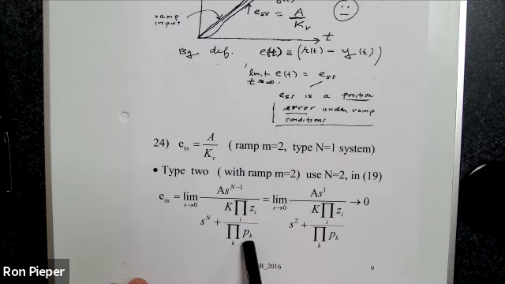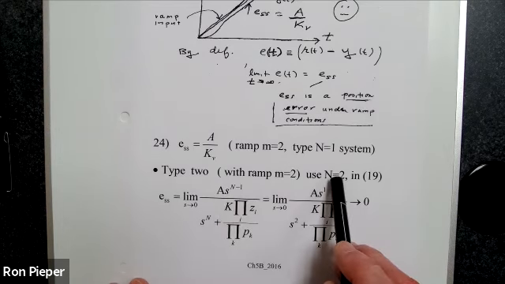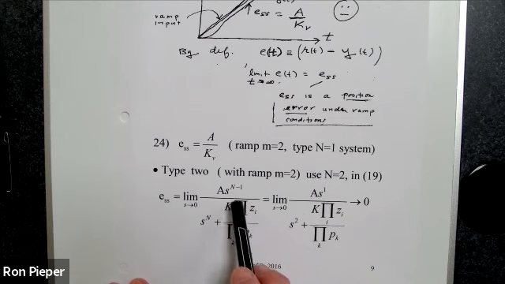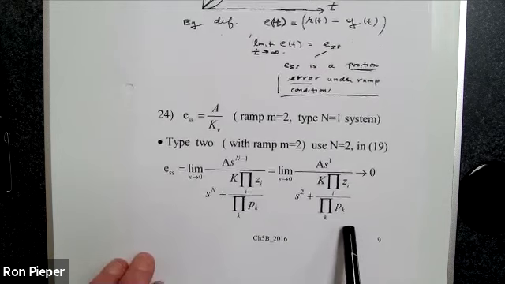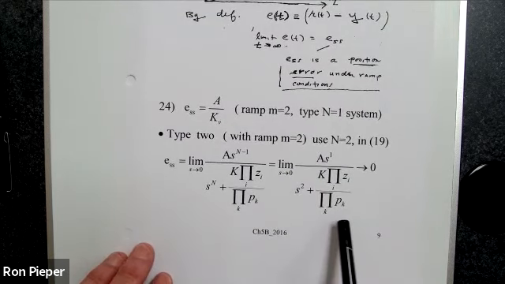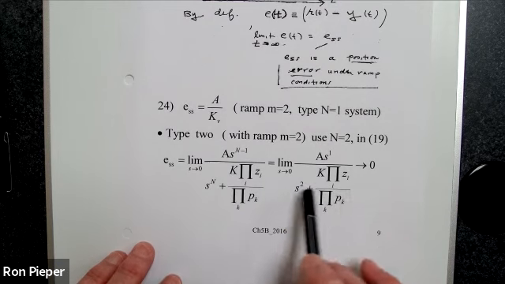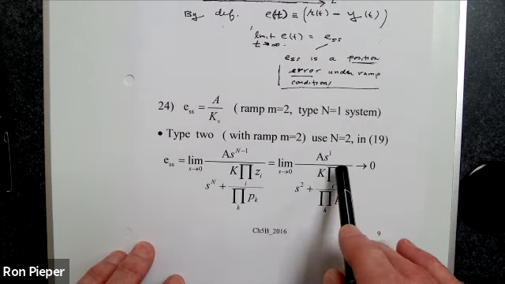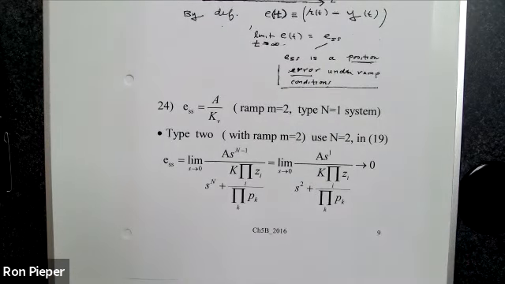And then we'll take n also equal to 2 in this case. So we get 2 minus 1 is 1, and then we get an s squared. And as you can see, if you let s go to 0, you get 0 plus something, which is not 0, which means it's not 0 in the denominator. And you get s to the first in the numerator, which means that the numerator is going to control the limit and force it to 0.